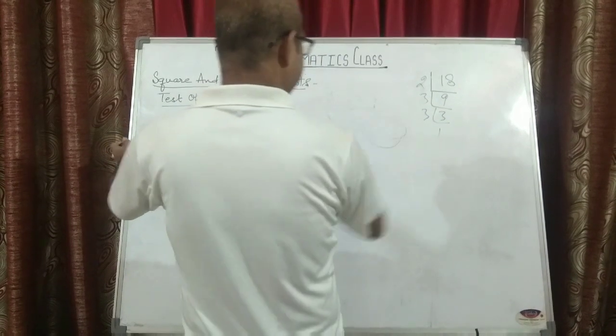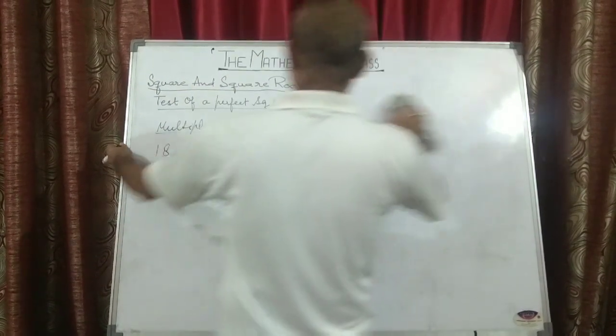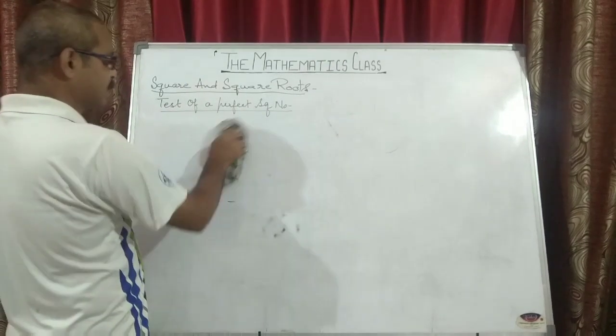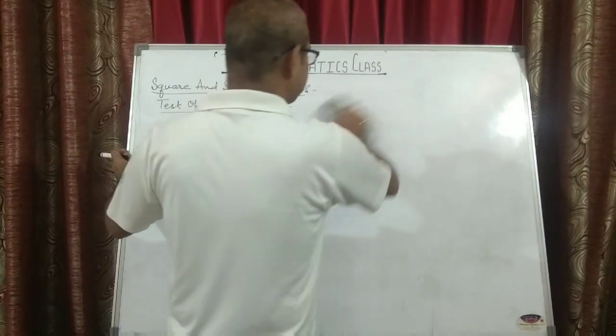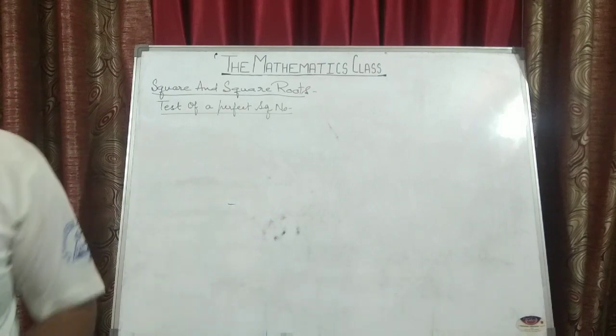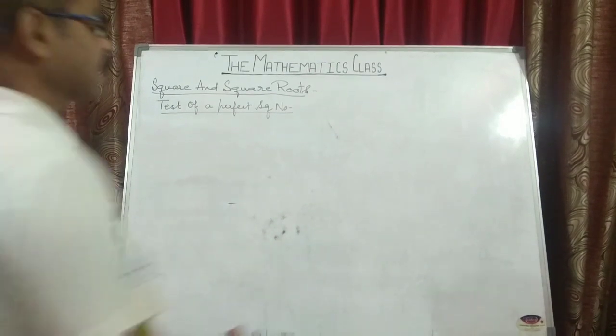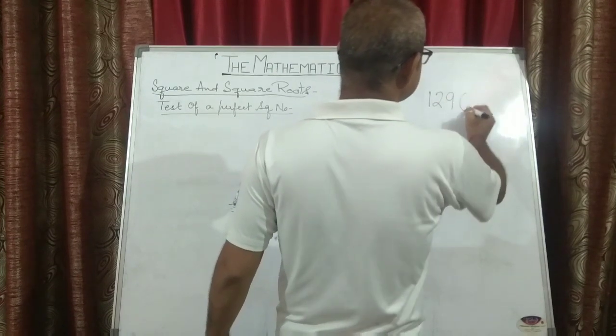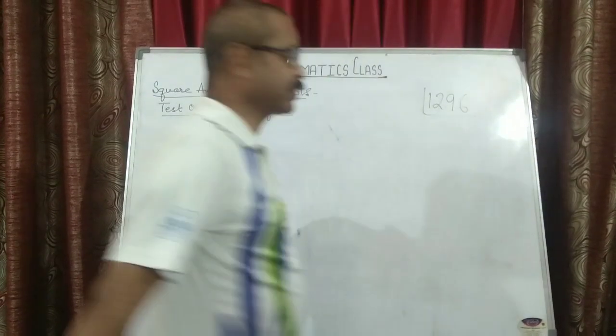Now, how to check whether a number is a perfect square or not? I hope you understood how to check. The very simple thing is we simply take prime factors. Let's take the number 1296. Check whether this is a perfect square or not.